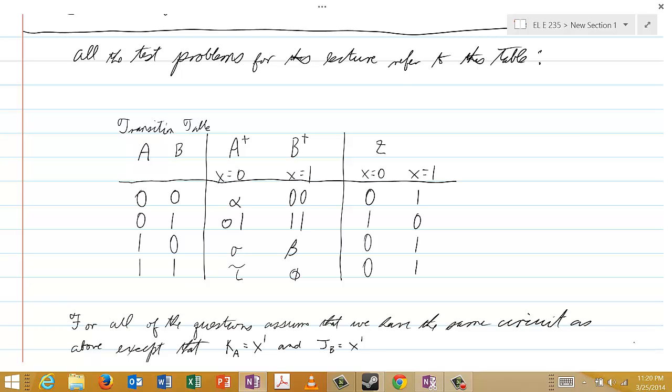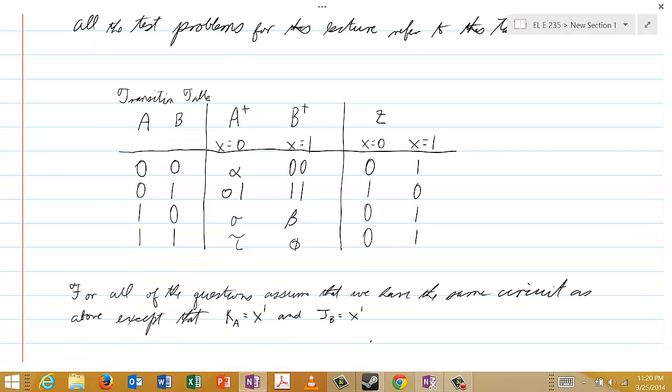I'm giving you a transition table here that has A and B, and it gives you the output Z in all cases, and it gives you the next value of A and the next value of B in 3 cases, but in some other cases it leaves those values as unknowns, and you are to use this table or refer to this table for all of the problems for this test.